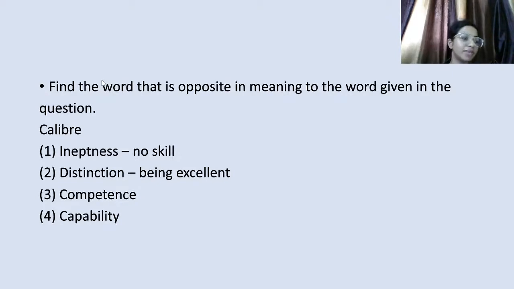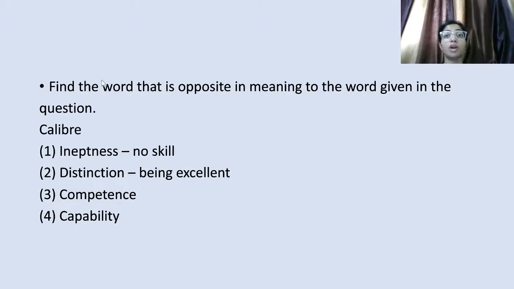So I think I've given enough time now. Let's go across the options. The first is ineptness. Ineptness means something that has no skill. How can I use it in a sentence? The way she handled the event clearly showed her ineptness.